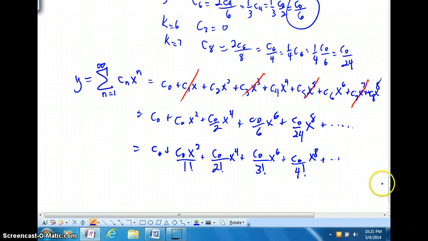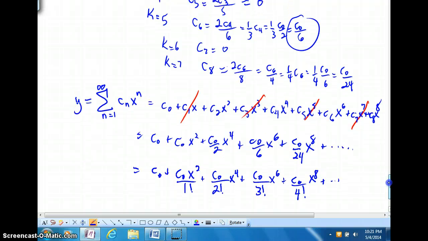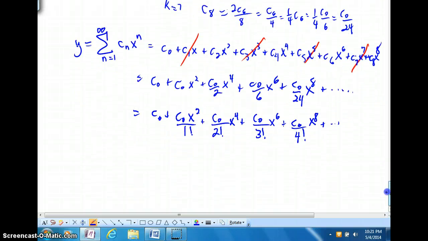Now, right now you might wonder if this thing does look oddly familiar. I hope it does, because let's just recall, and this is what our answer was for y.